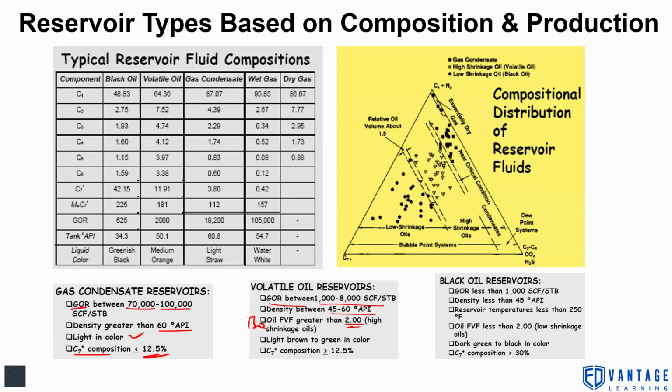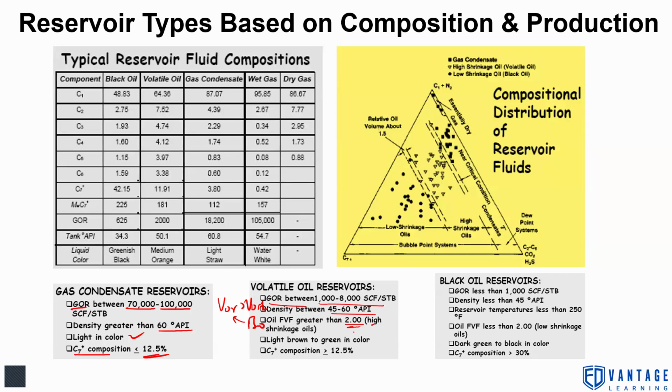So Bo is the volume of oil at reservoir condition by volume of oil at stock tank condition. So whenever Bo is more than 1, it means volume of oil at reservoir condition is more than volume of oil at stock tank condition, right? This is quite common in volatile reservoirs because whenever the oil reaches the surface, gas escapes out of the oil. So this volume shrinks or decreases.